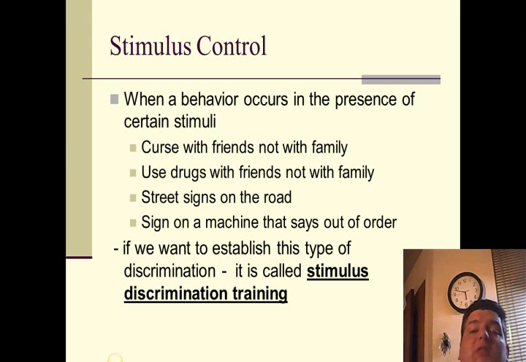Those types of things are stimulus control. If we want to establish this type of discrimination, it's called stimulus discrimination training, which helps the person to exhibit or inhibit a certain behavior in the presence or absence of stimuli.